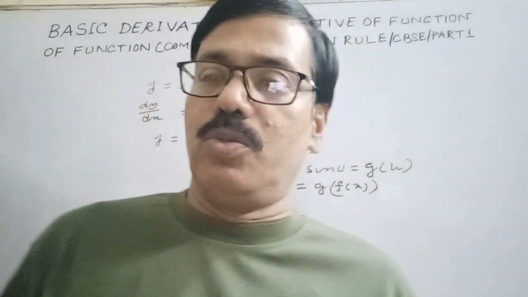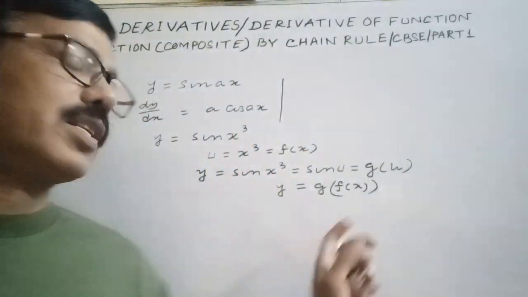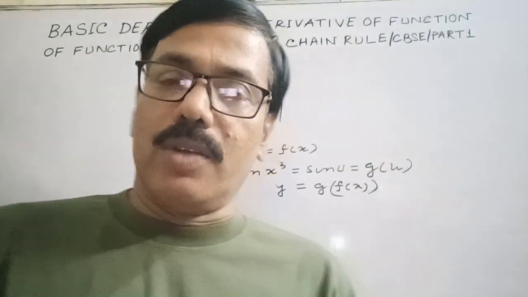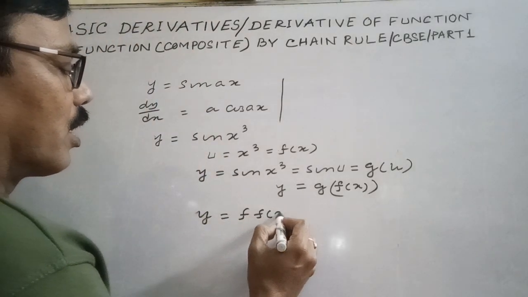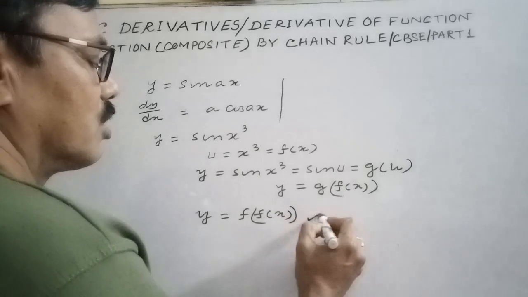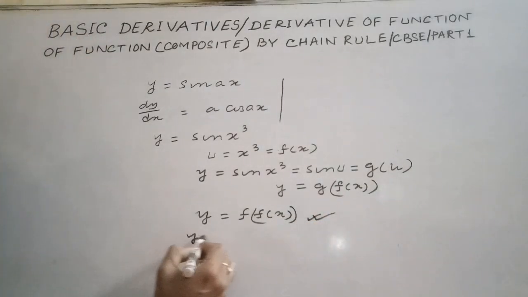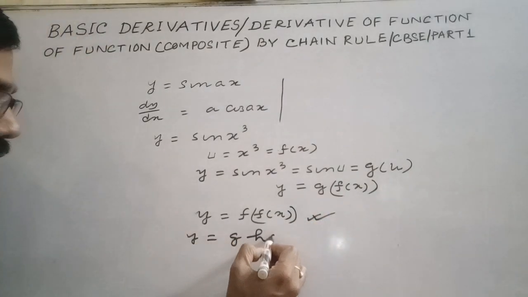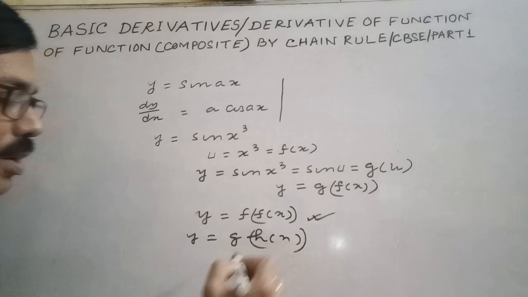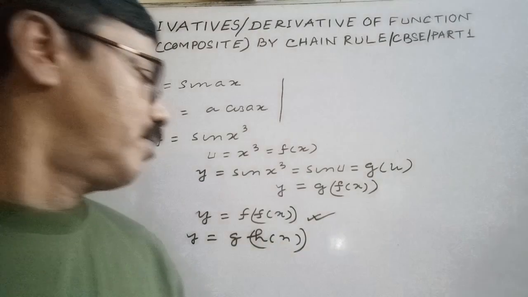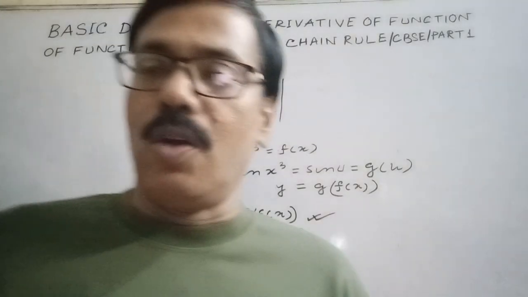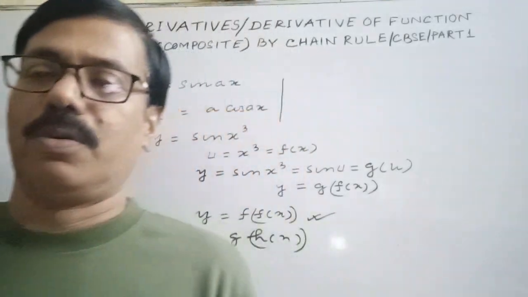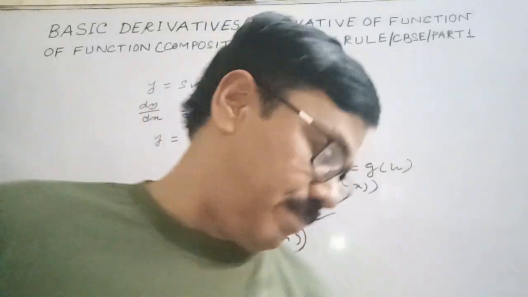So y equals g of f of x, two functions are operated. So y equals g of h of x, they are called function of function. The argument is also a function. So how to find derivative of function?